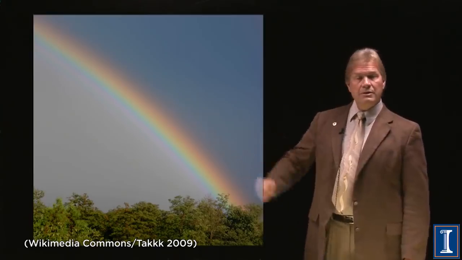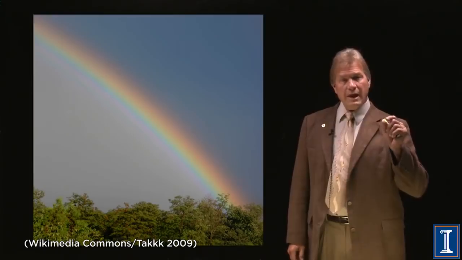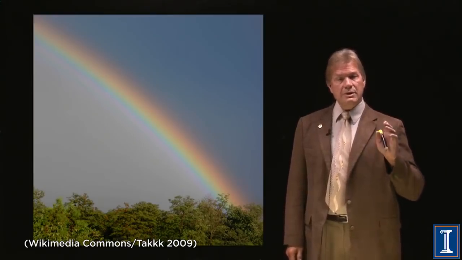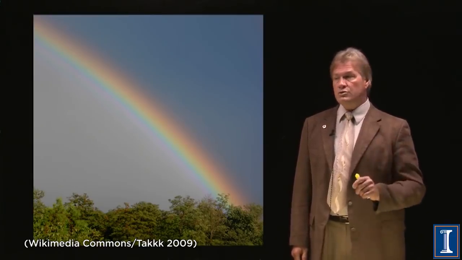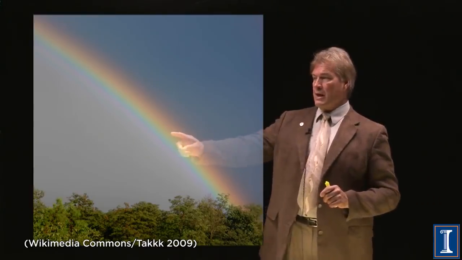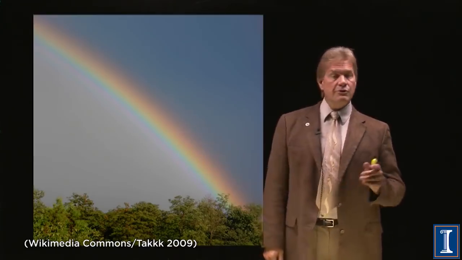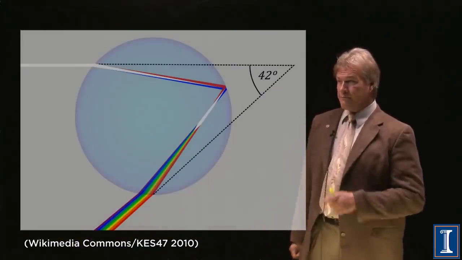A rainbow is droplets of water acting as a prism. To see a rainbow, the sun has to be going through a rain cloud. It has to be going through water droplets. And then, indeed, you'll see the red, yellow, green, purple, beautiful rainbow spectrum. How does this actually happen?